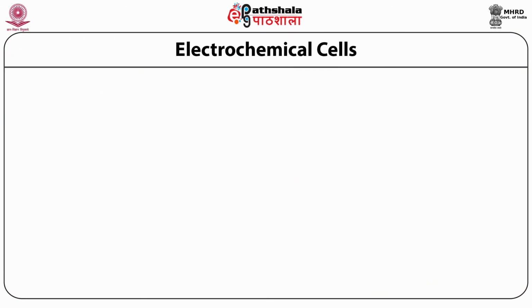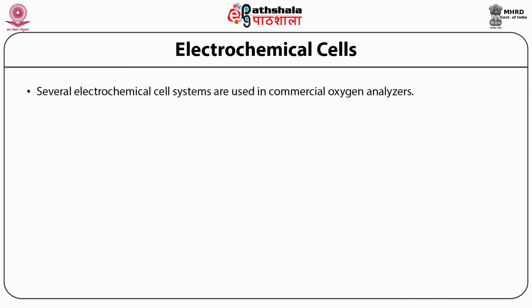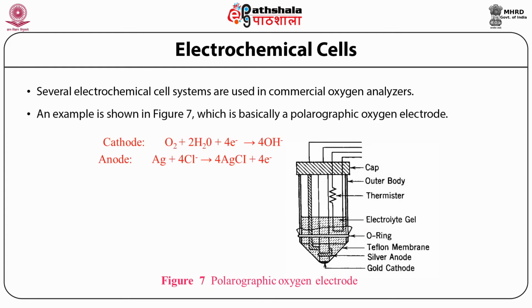Another type of analyzer includes electrochemical cells. Several electrochemical cell systems are used in commercial oxygen analyzers. An example is shown in figure 7, which is basically a polarographic oxygen electrode. The silver anode and gold cathode are separated from the sample by a thin PTFE membrane, which is permeable to oxygen.